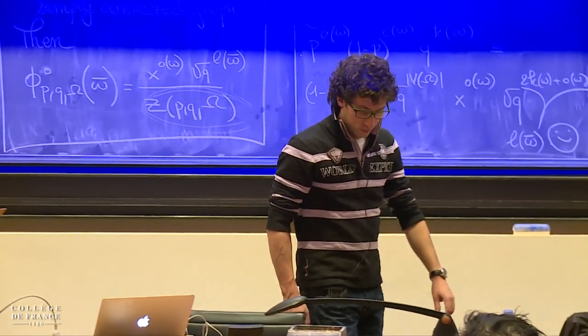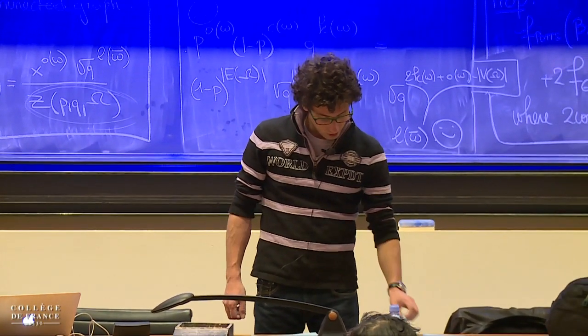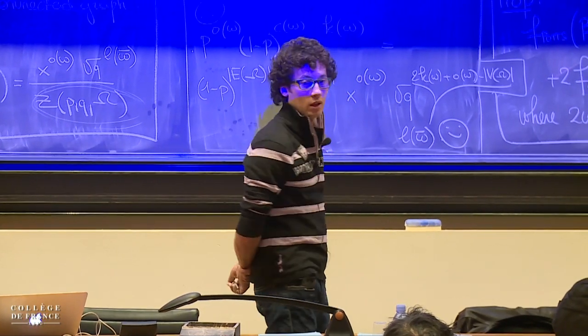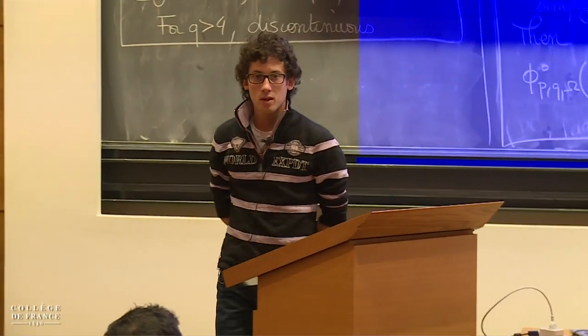Okay. So that was the definition of the loop configuration. Is it clear for everybody, this loop representation, how it's obtained?